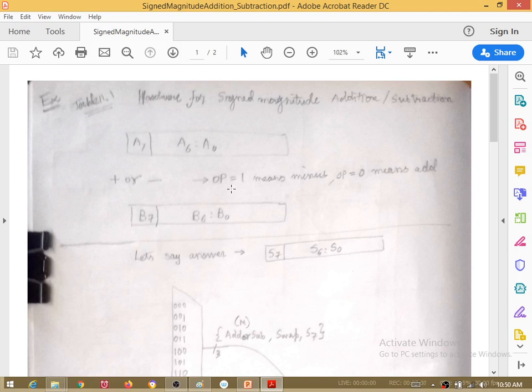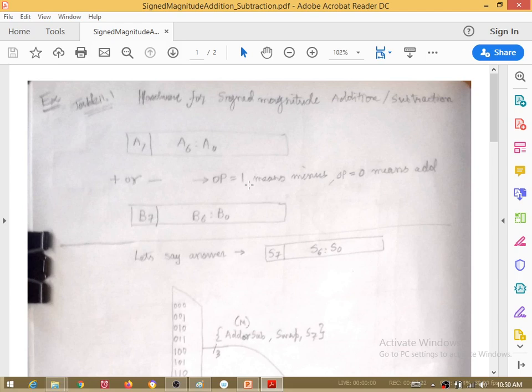Then also we will assume that someone is telling us through the operation code that if the operation code is 1, I have to subtract A and B. If the operation code is 0, I am supposed to add A and B. But remember that A and B themselves could be either positive or negative, and that is a function of A7 or B7.